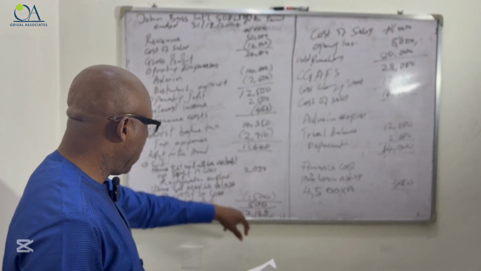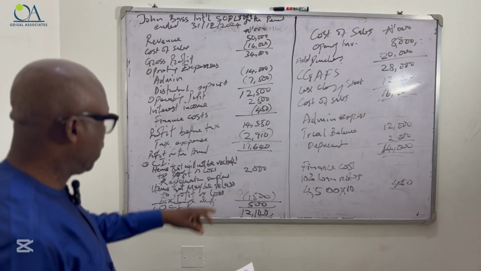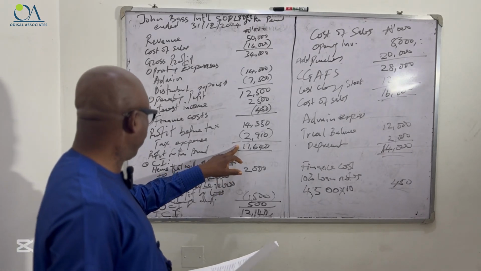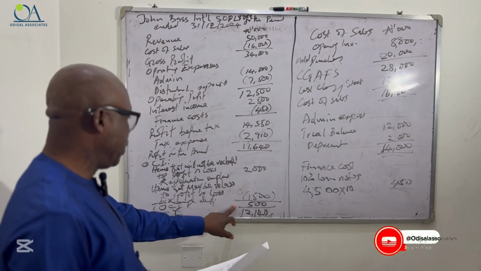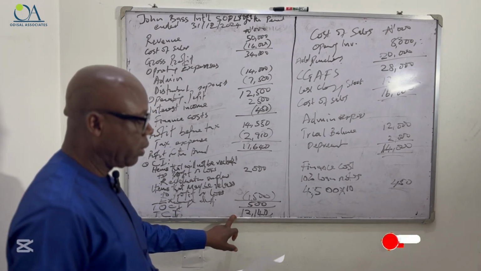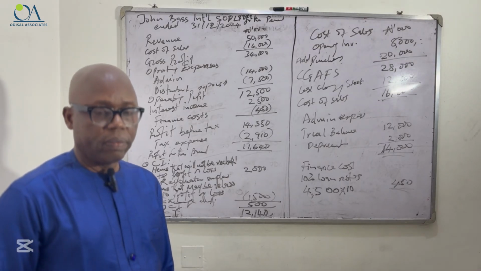If you sum the two, you have 500,000. Then, in order to get the total comprehensive income, you add the profit for the period plus the total other comprehensive income to get the total comprehensive income for the period.